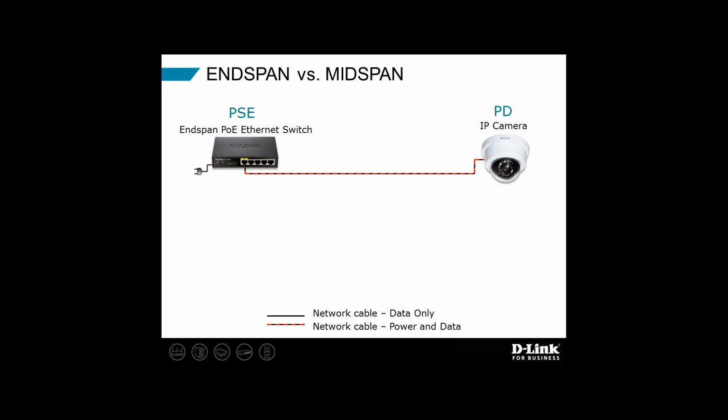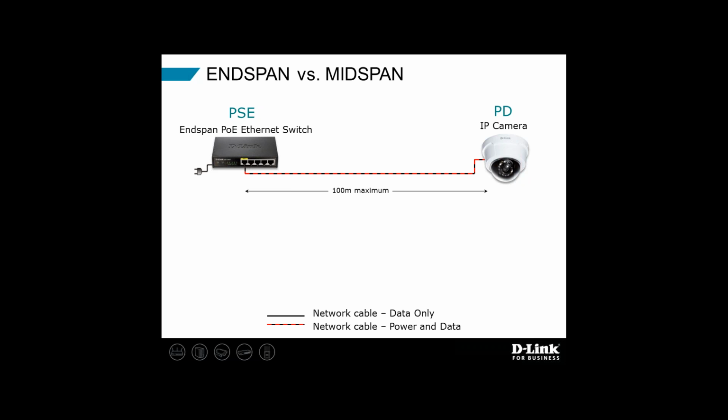So this slide better illustrates the differences between an Endspan and a Midspan. Here you're looking at an Endspan. So I've got a 5-port switch. 1 port is PoE enabled. I've got my LAN cable plugged into that PoE port, and the LAN cable is connected up to 100 meters, and you know that with the IEEE 802.3 Ethernet standard, we can go up to 100 meters over the LAN cable, and at the far end is my PD, in this case an IP camera.